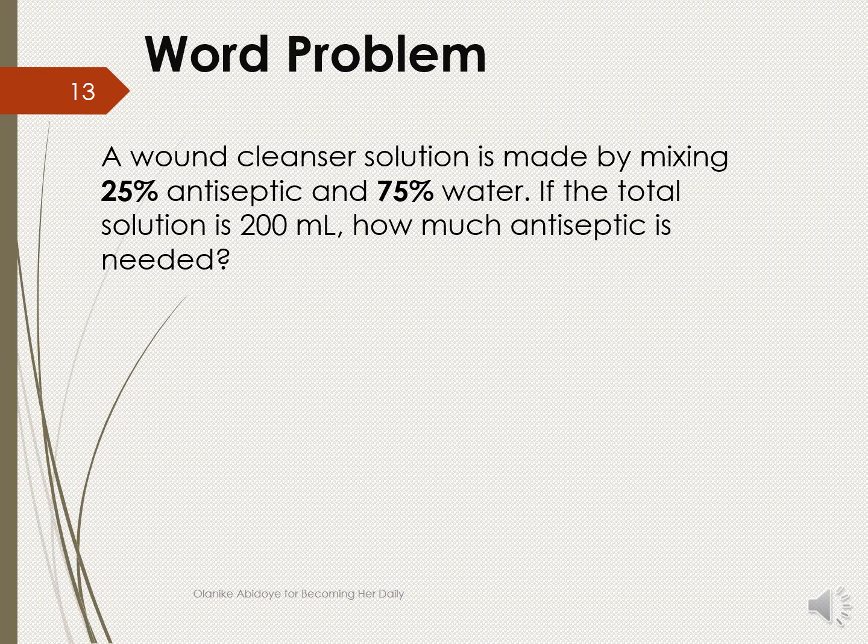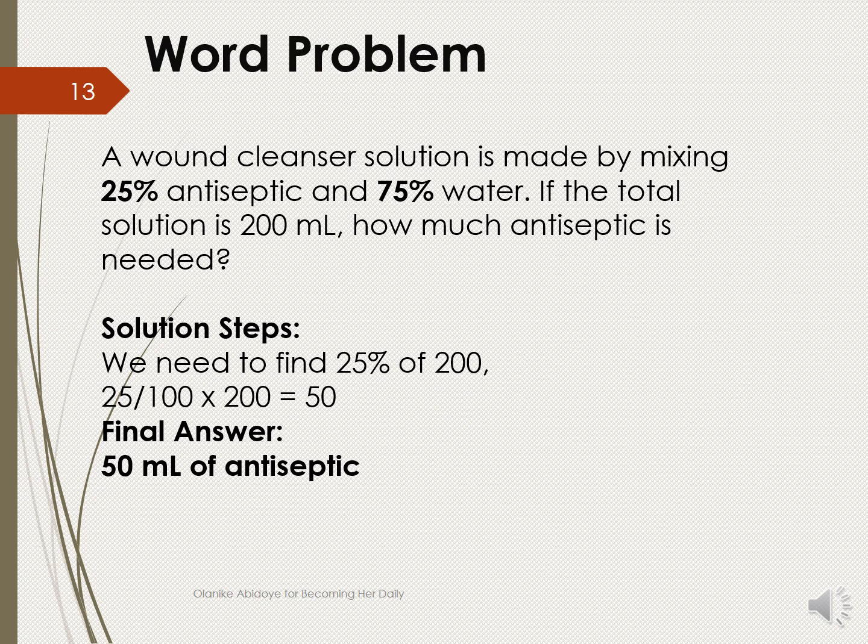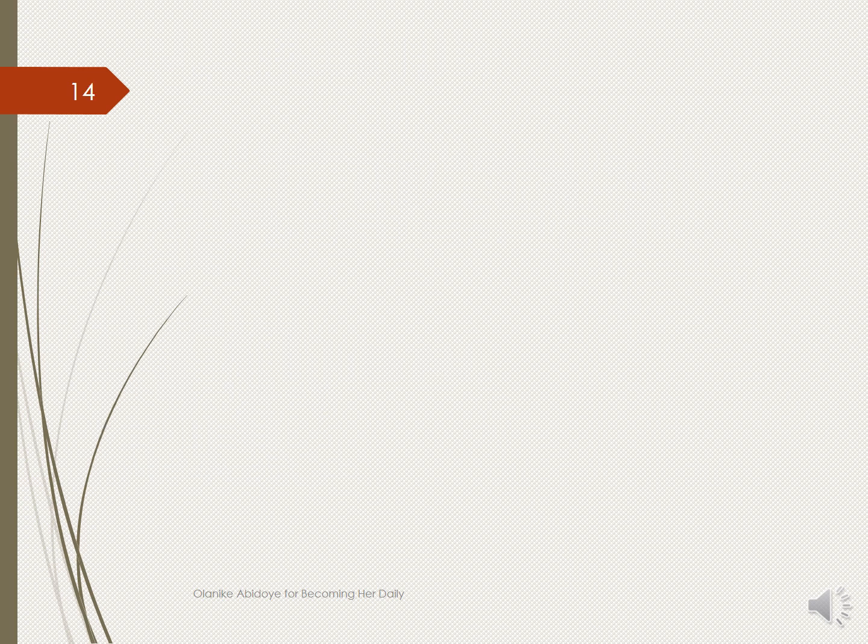That will be 25 over 100 times 200 milliliters. Our 100 can divide 200 to give us 2. That will be 25 times 2 to give us 50. So the antiseptic needed is 50 milliliters.